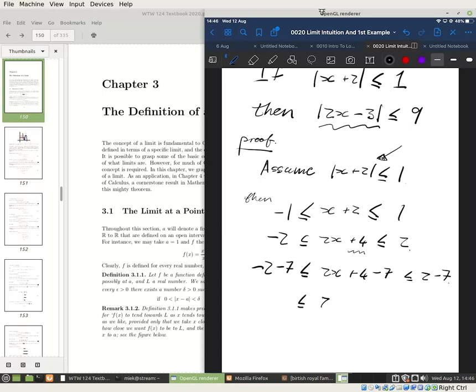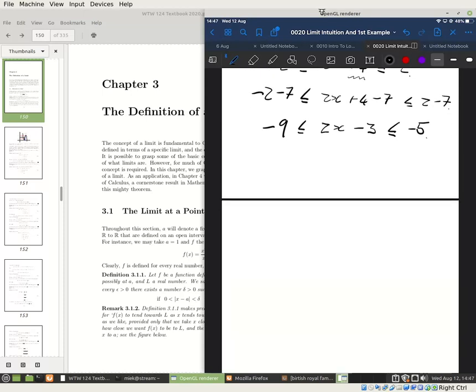That becomes minus 9 less than or equal to 2x minus 3 less than or equal to minus 5. Therefore, the absolute value of 2x minus 3 is less than or equal to 9. This is again by using the definition of the absolute value.